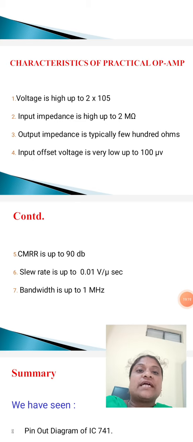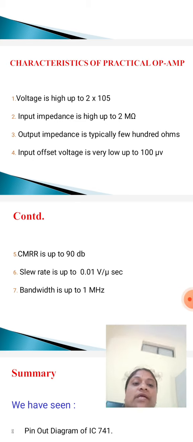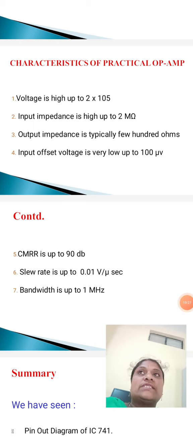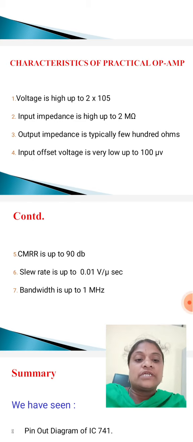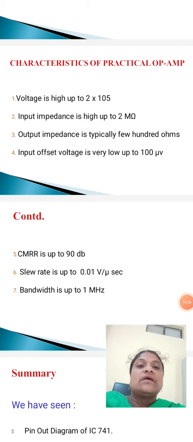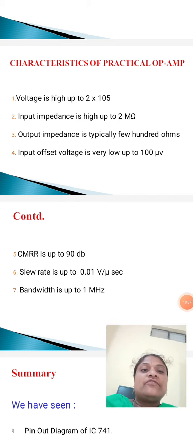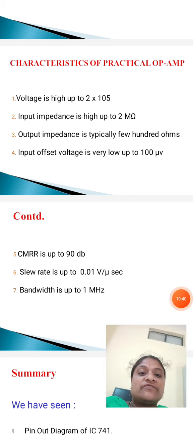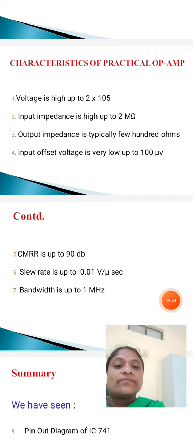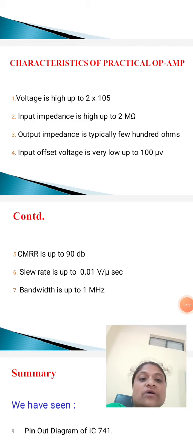These are the different characteristics of a practical op-amp. I repeat once again. First, voltage gain is high, up to 2 into 10 to the power of 5, input impedance is high, up to 2 mega ohms, output impedance is typically a few hundred ohms, input offset voltage is very low, up to 100 microvolts, CMRR is up to 90 decibels, slew rate is up to 0.01 volts per microsecond, and bandwidth is up to 1 megahertz.